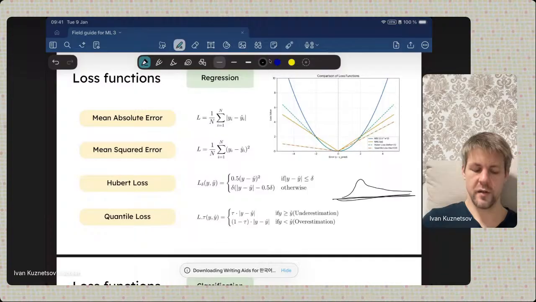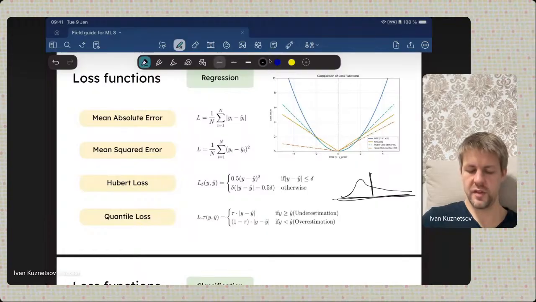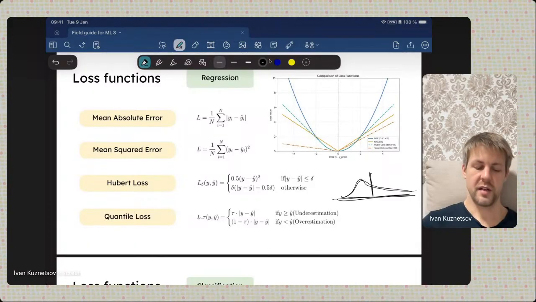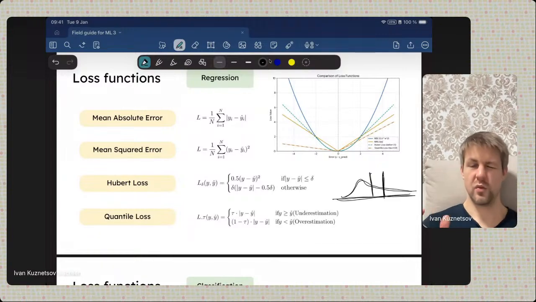Mean squared error will be optimizing for the mean value of this distribution that you have. But mean absolute error will be optimizing for the median value.